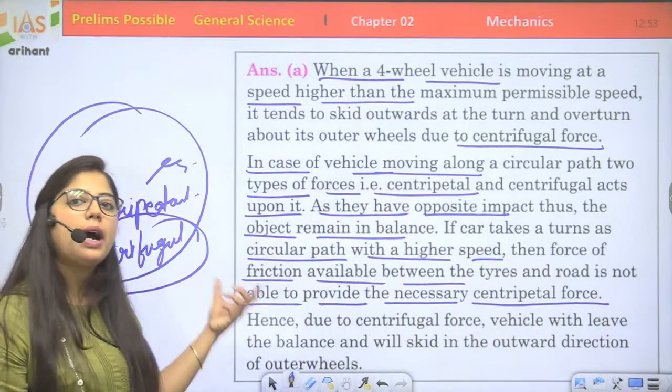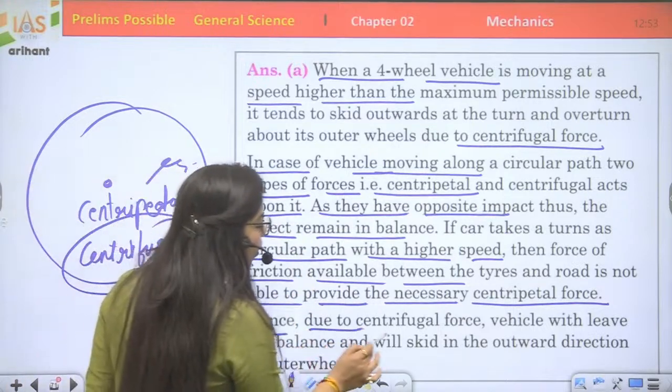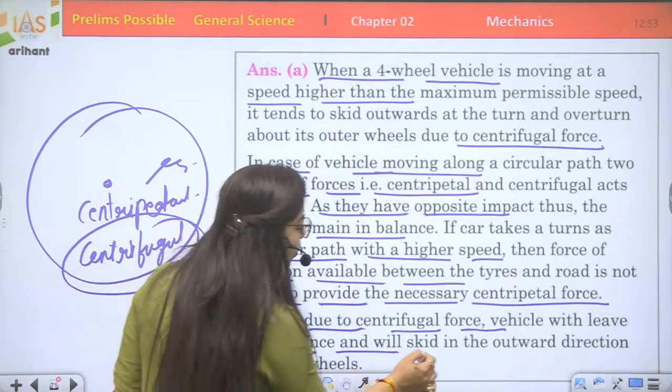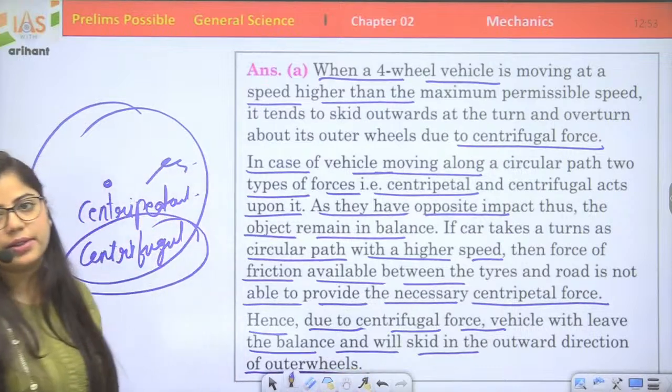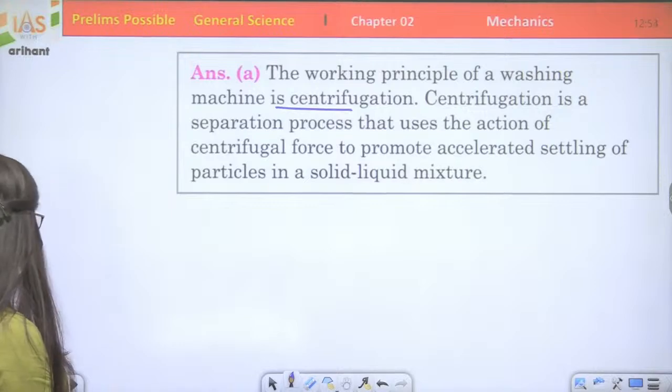Why? Because of the higher speed of the car. Clear? Hence, due to centrifugal force, the vehicle will leave the balance and will skid in the outward direction of the outer wheels. Clear? Hello Avinash. Now comes the next question.